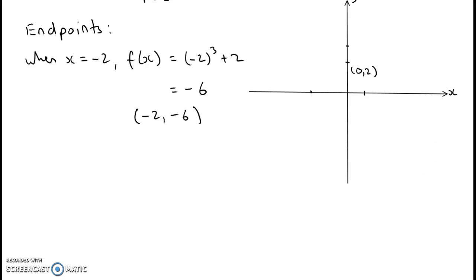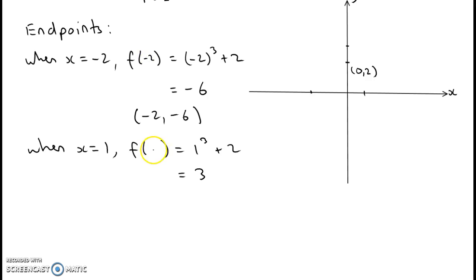And then the other endpoint was when x equals 1. So we'll get f of x equals 1 cubed plus 2, which equals 3. And just in these little spots here, I'll put in the actual values to make that clear.